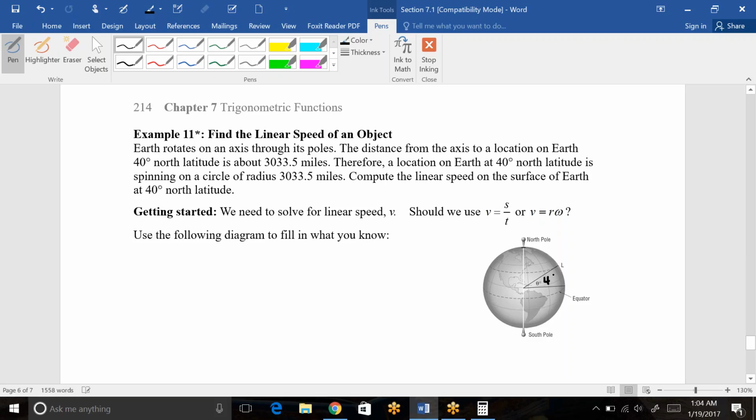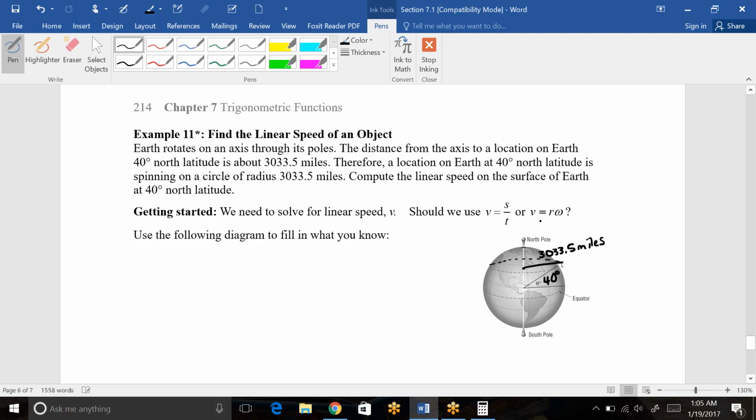So they're saying that this is 40 degrees north. Wherever that hits up here, that creates a little circle, okay? That circle has a radius of 3,033.5 miles.